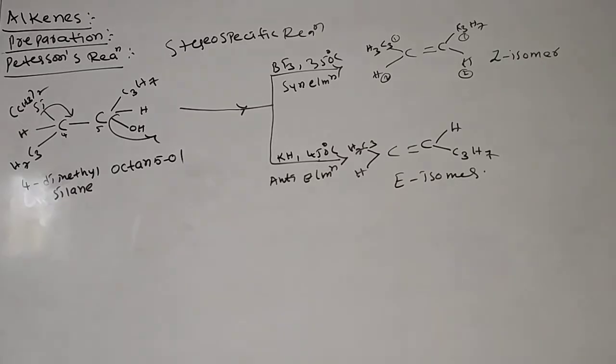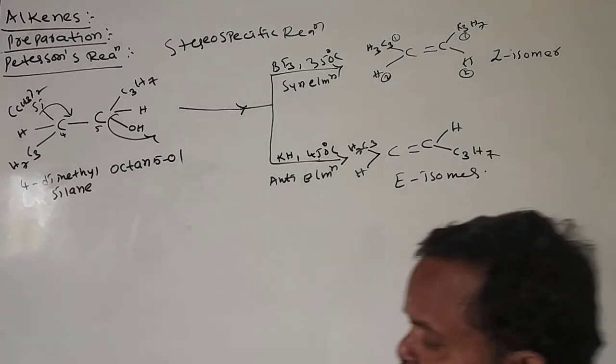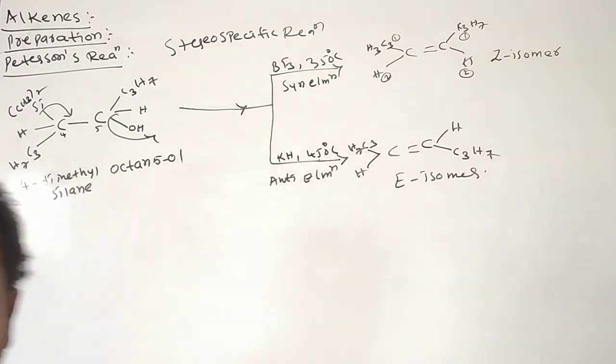That means by syn elimination we'll get the Z isomer, and by anti-elimination we'll get the E isomer. This is what we call Peterson's reaction. These are the preparative methods of alkenes.